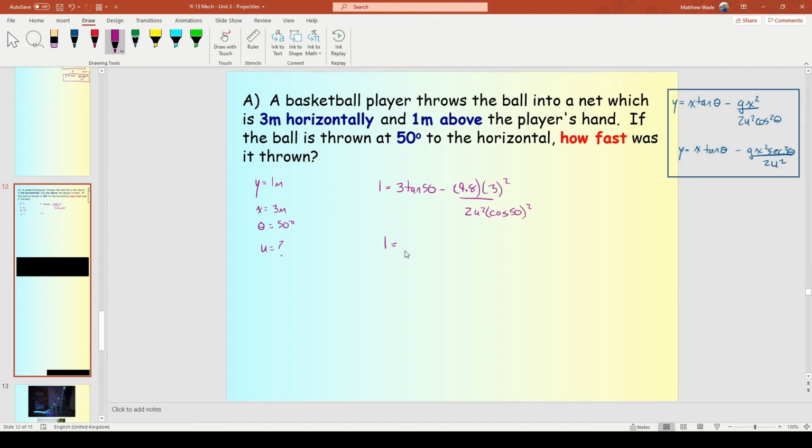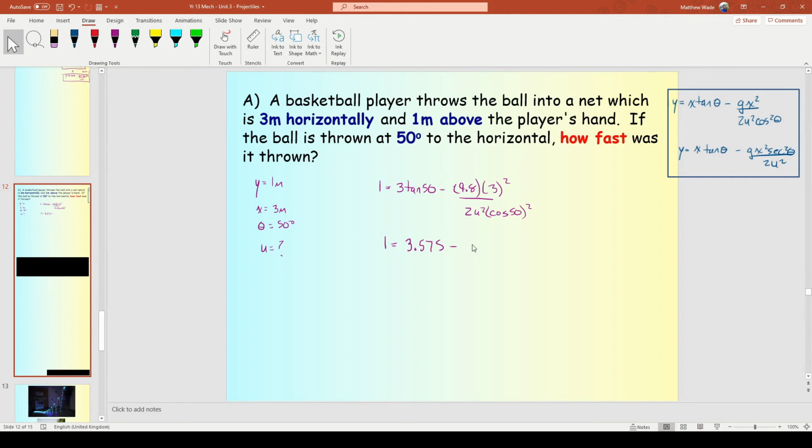So here you go, 3 tan 50 is just going to be 3.575, so 4 sig figs. Take away, and I'm going to put all of these in together into my calculator: fraction button first, then 9.8 times 9, because that's what 3 squared is. On the bottom of the fraction, 2 times open bracket, cos 50, close bracket, close the cos's bracket, all squared, equals.